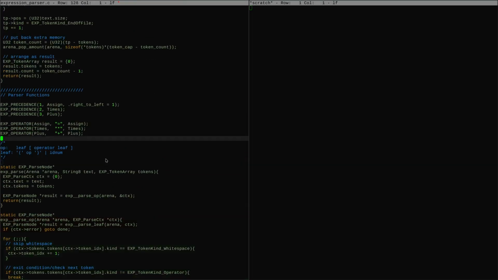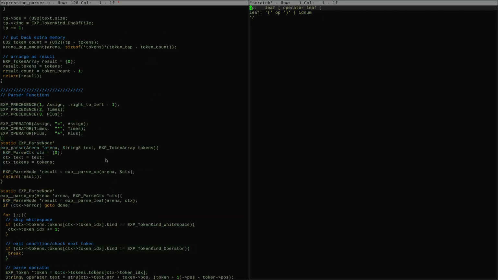So it's kind of like I want to roll back to the more heavy-handed thing. There's like assign, times, plus. This loops back up to assign, and then this is like equals, the operator, times the operator, plus the operator.